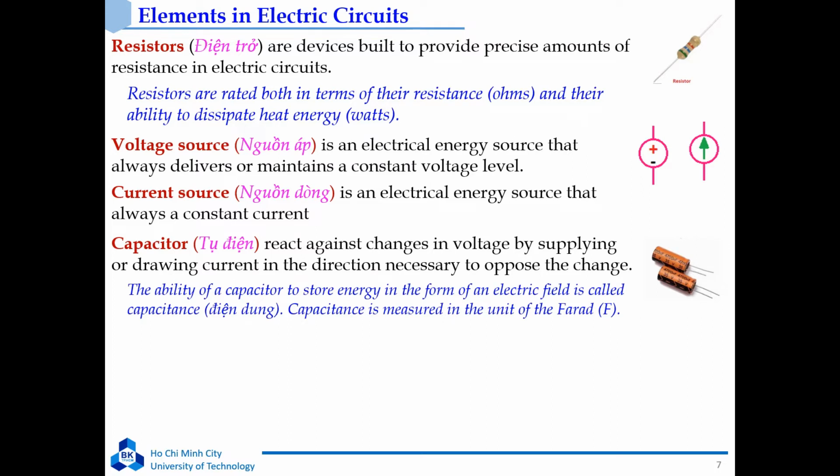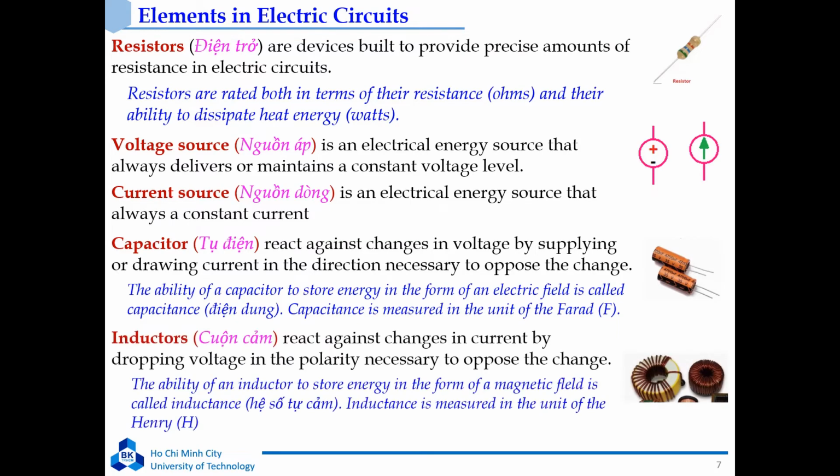Capacitance is measured in the units of farad. And an inductor reacts against change in the current by dropping voltage in the polarity necessary to oppose the change. The ability of an inductor to store energy in the form of magnetic fields is called inductance. Inductance is measured in the units of Henry.